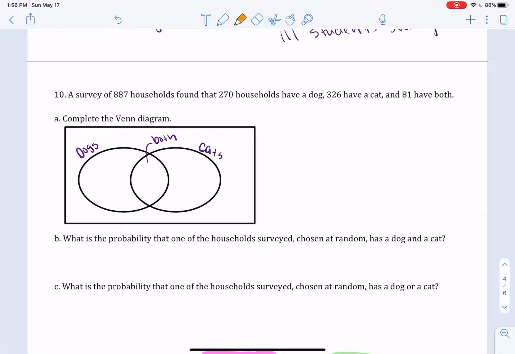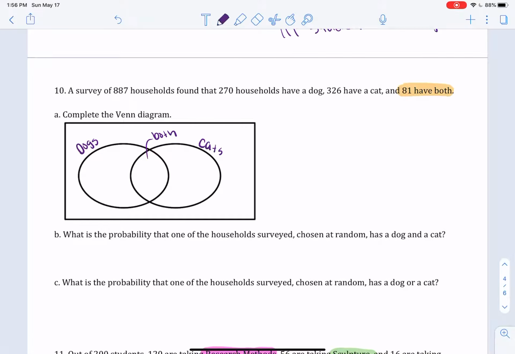So right away, we do know that it says 81 have both, okay? So when it says that 270 households have a dog, well, we need to take the 270 minus 81 because we're only wanting to know the people that have just a dog for the left side. So that would be 189.